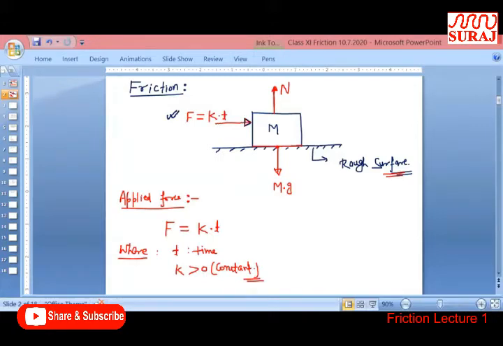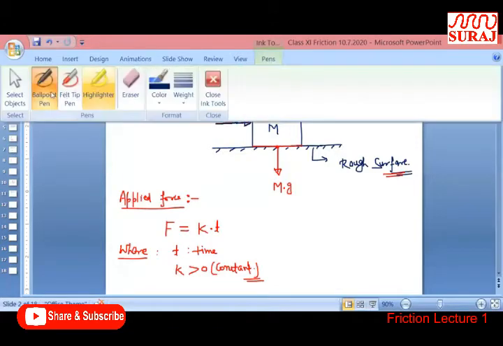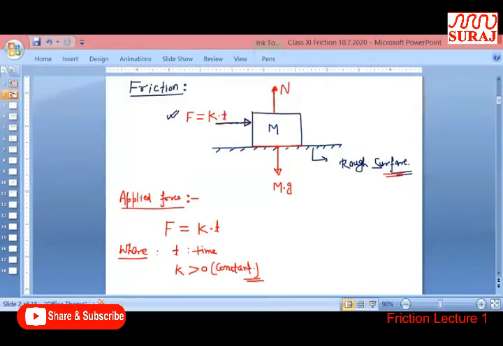It means when you apply a force and this block resists moving, you can say the surface in contact is applying a force which opposes the relative motion between the block and this contact surface.